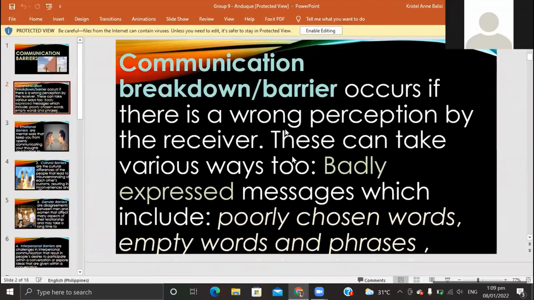This can take various ways to badly express message which include poorly chosen words, empty words, and phrases.